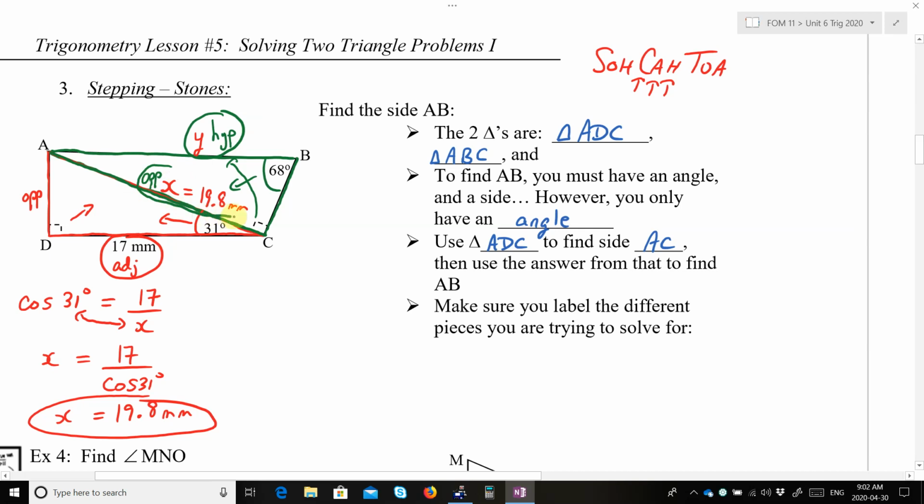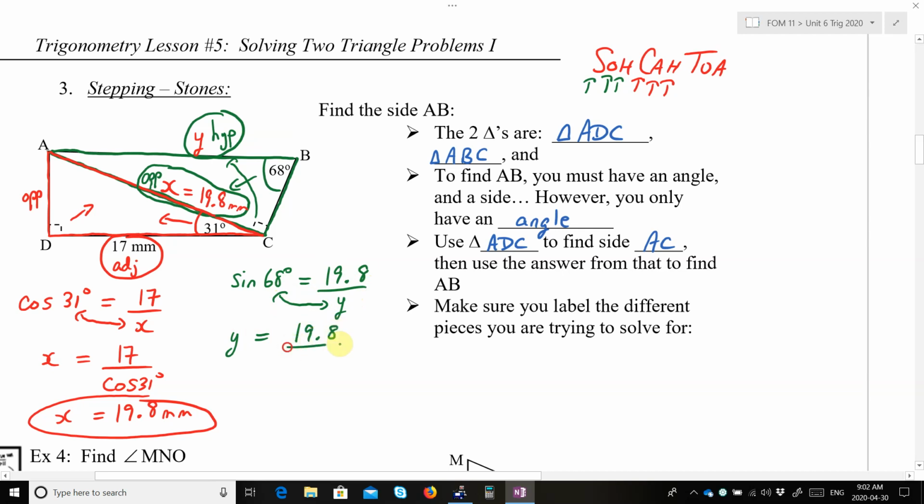So we have the opposite side and the hypotenuse. Which one deals with opposite and hypotenuse? That would be sine. So I would go sine 68 degrees equals 19.8. Opposite divided by the hypotenuse is y. And these guys switch to solve for y.